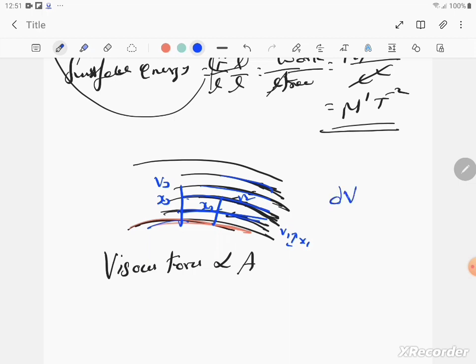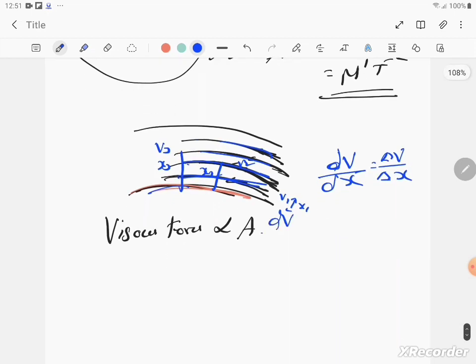There's a variation in velocity dv with variation in position dx, dv by dx, also known as delta v by delta x. The viscous force is directly proportional to A, and directly proportional to dv by dx. Let's call the viscous force F.